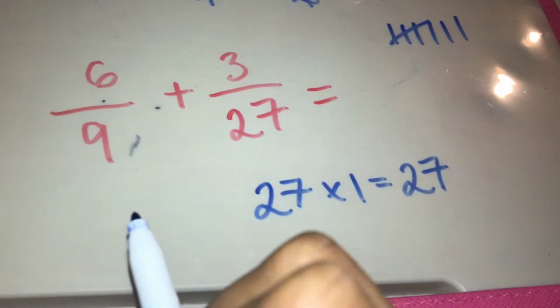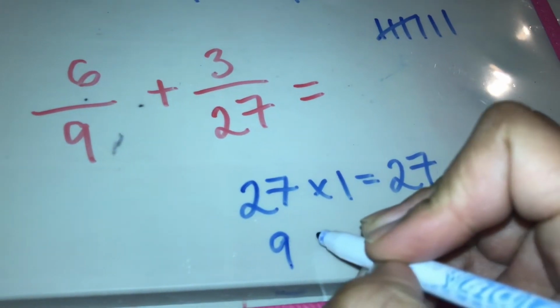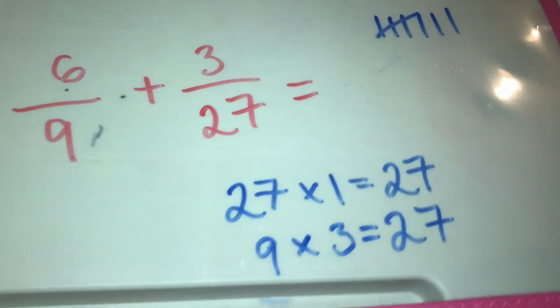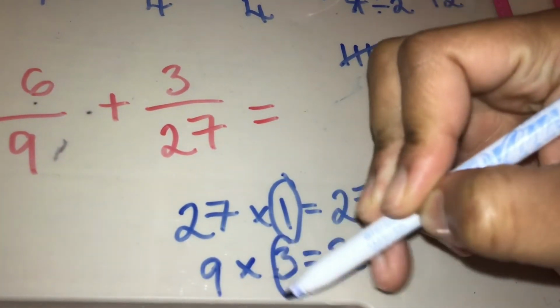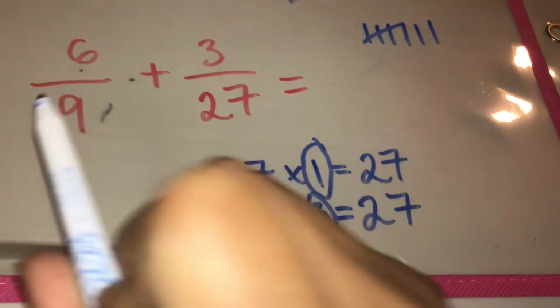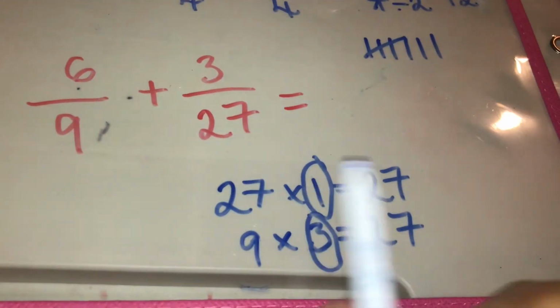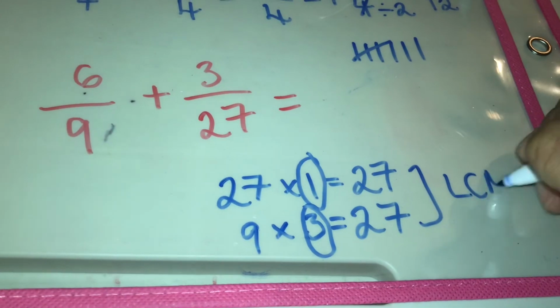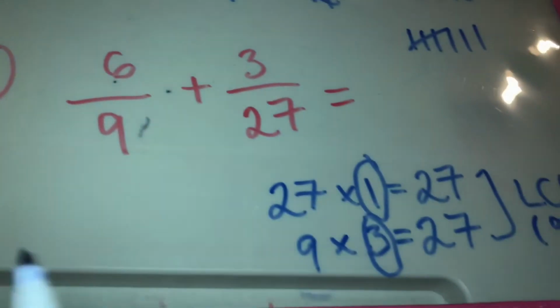And I also know that 9 times 3 equals 27. So these are the factors that help us multiply each of these numbers to get our multiple, our lowest common multiple, which is 27.